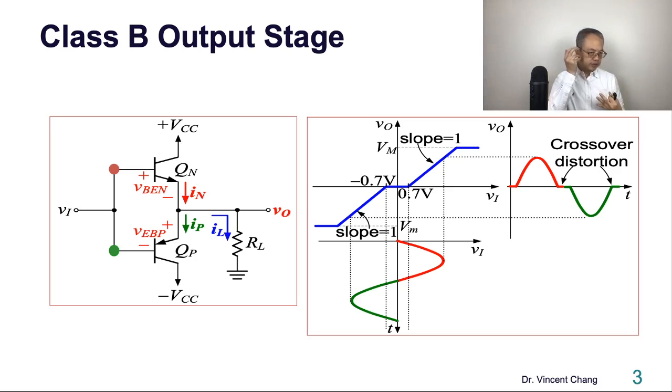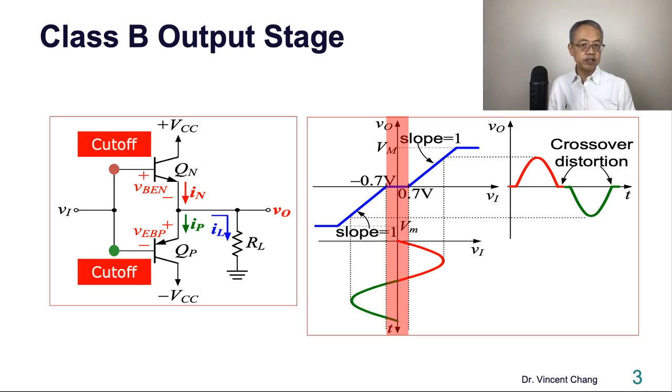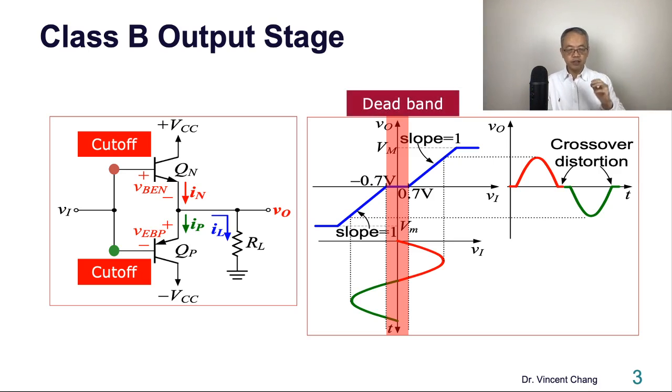Two keywords: high gain operational amplifier and negative feedback. So we can eliminate the dead band, and eliminate the crossover distortion. Within the dead band, the two transistors, NPN and PNP, are cut off. Now I'm going to present the second way to eliminate the dead band.